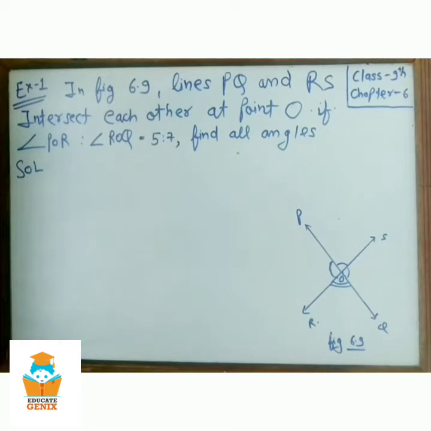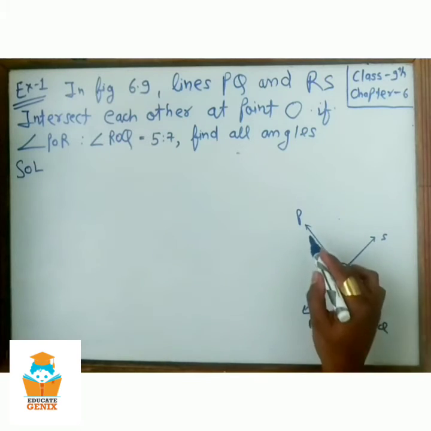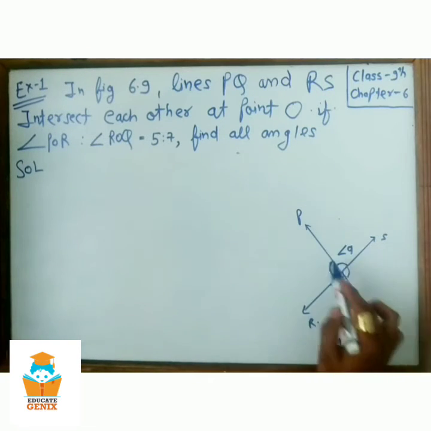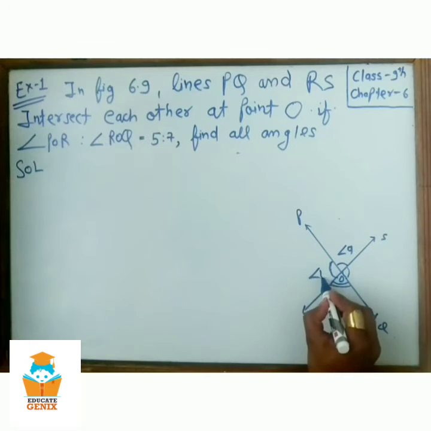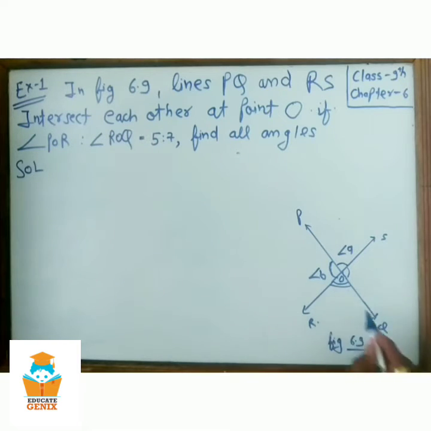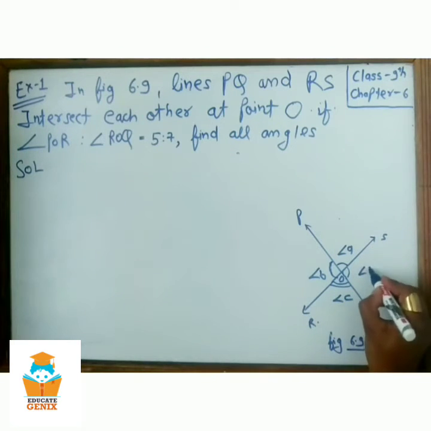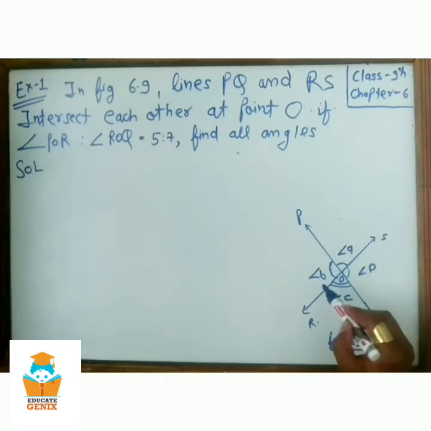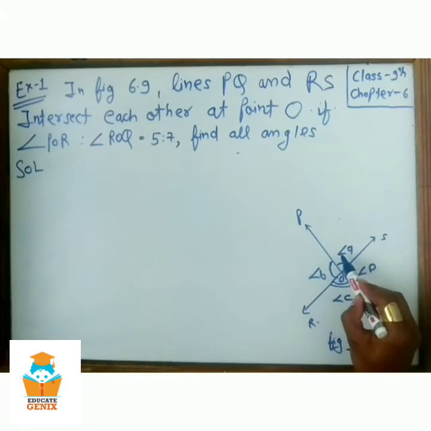Let's mark angle POS as angle A, angle POR as angle B, angle ROQ as angle C, and angle QOS as angle D. As we already know, on a straight line, the sum of angles is 180 degrees through linear pair.